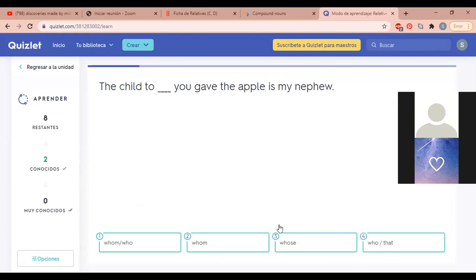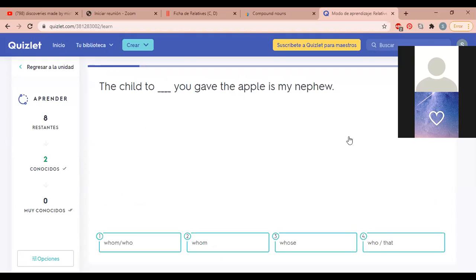Let's continue. The child to, el niño, you gave the apple is my nephew. What do you think is the right answer, André Carcelén? Whom or who, whom, whose or whom or that?